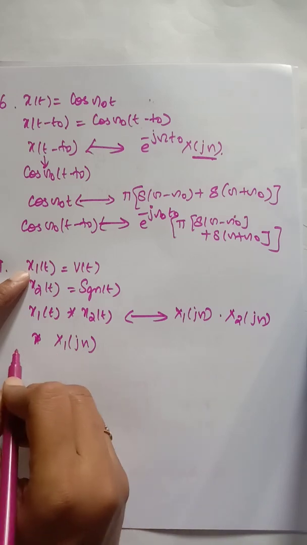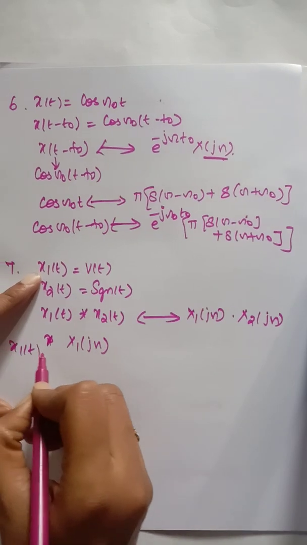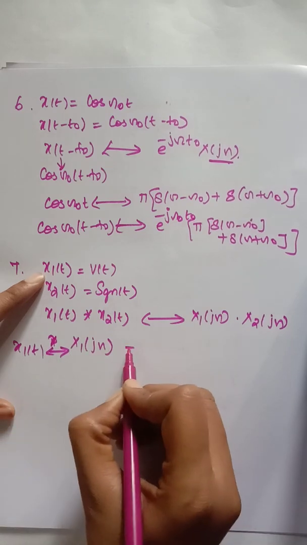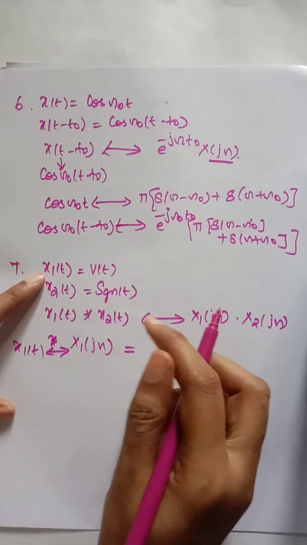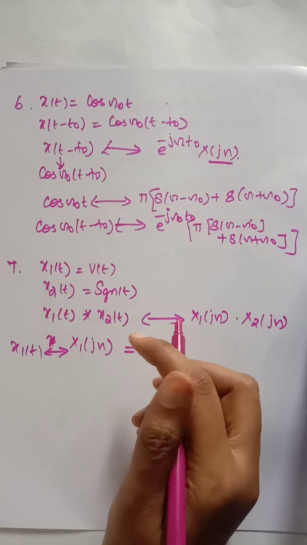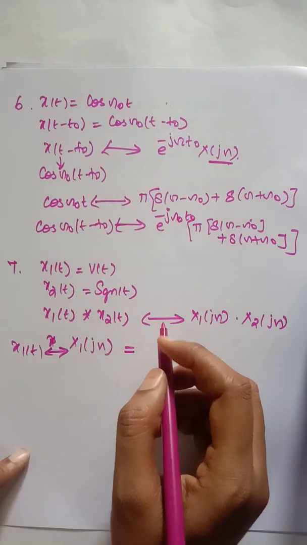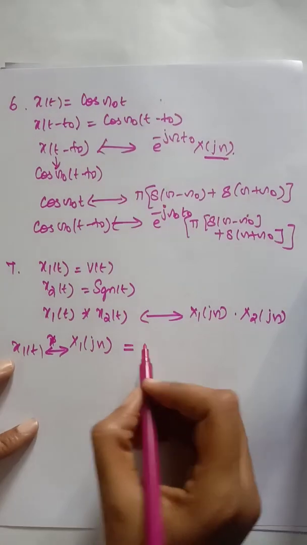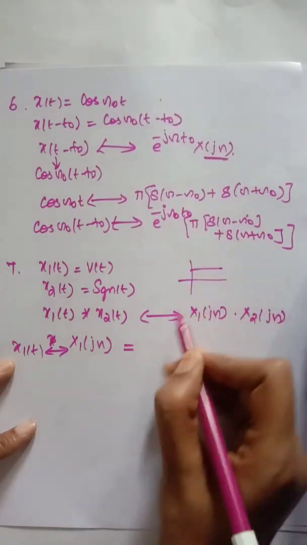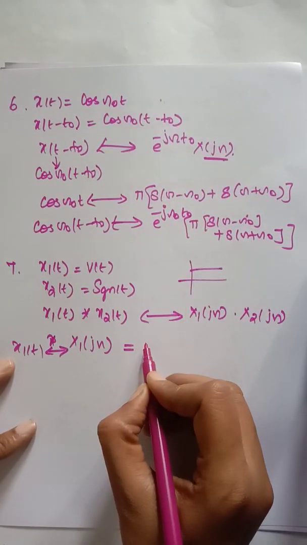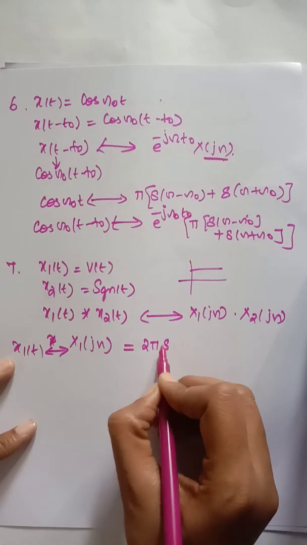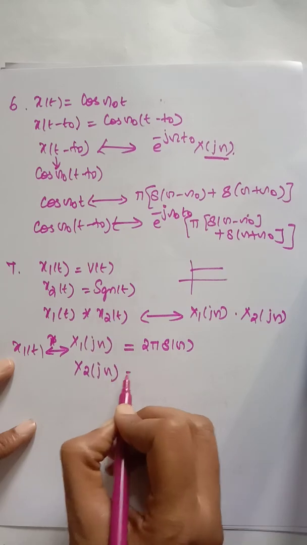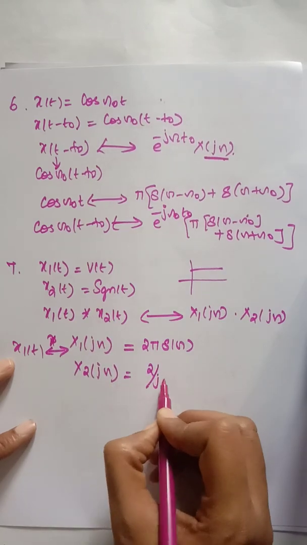So here x1 of t, its Fourier transform is x1 of j ohm. What is the Fourier transform of u of t? Here the Fourier transform of 1 is 2 pi into del of ohm, and x2 of j ohm, a signum function, is 2 by j ohm.